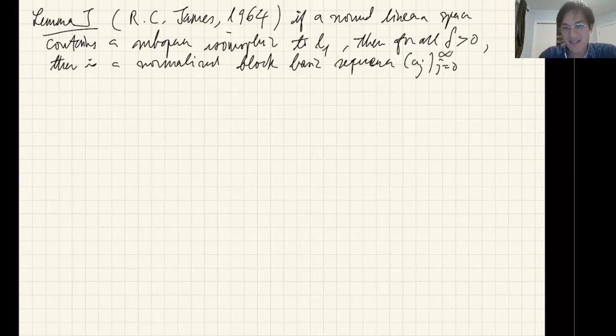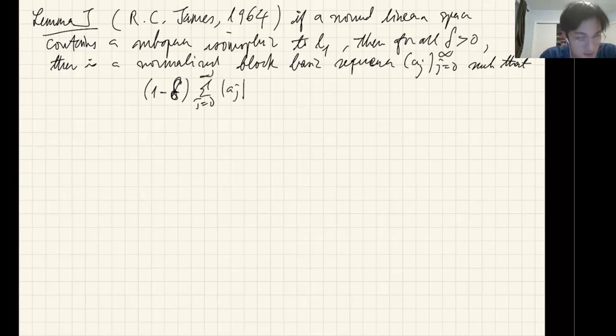We're going to index with 0 here. You can index with 1 if you want, but we're going to index with 0 here because in the proof later we're going to index with 0, and it's just convenient, such that 1 minus delta times the sum j equals 0 to infinity of the absolute value of aj is less than or equal to the norm of the sum j equals 0 to infinity of aj uj, that's these uj's here, less than or equal to the sum j equals 0 to infinity of the absolute value of aj.